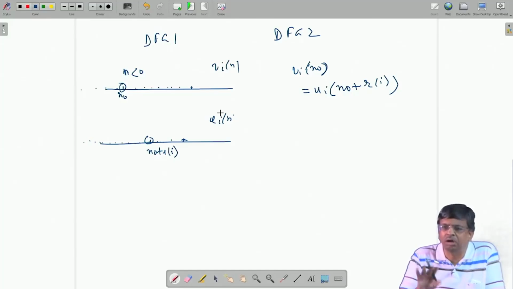Make sure that none of the new delays becomes negative, and you get an equivalent DFG, but with new delays. Okay. This is the proof of the retiming theorem.